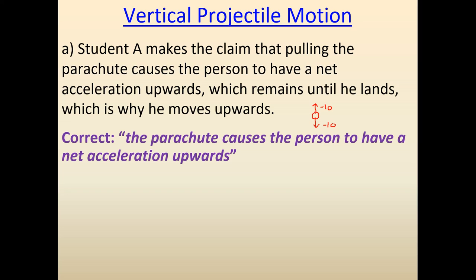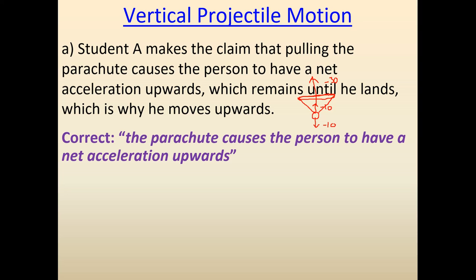But when he pulls the parachute, all of a sudden he increases the effects of air friction. So now this upwards acceleration caused by air friction skyrockets, becomes much bigger, probably gets all the way up to -30 or something. And then we end up having a net acceleration upwards.